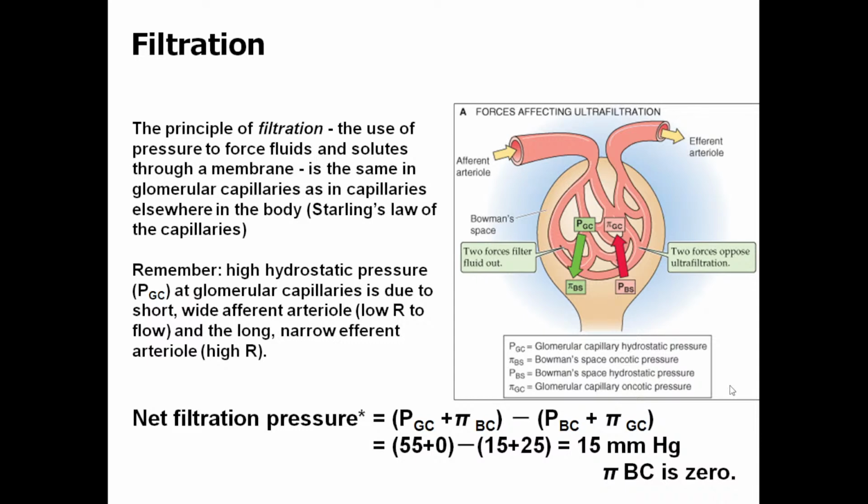And this is exactly what we have discussed in microcirculation for the cardiovascular system. What you need to remember is that high hydrostatic pressure at the glomerular capillaries, given in green, is due to the short and wide afferent arteriole, which provides low resistance to flow, and the long and narrow efferent arteriole, which provides high resistance.